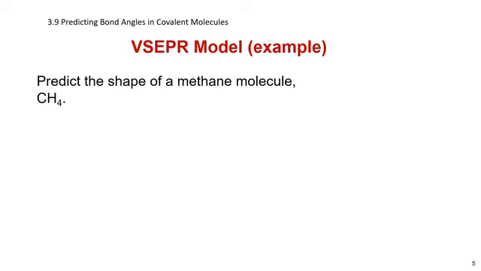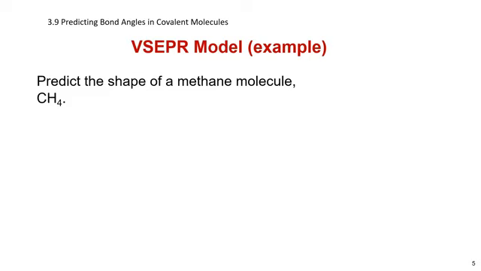Then therefore the two hydrogens are going to be angular because those lone pairs repel. This is the idea. Lone pair electron repulsion of electrons in the central atom makes the shape of the molecule.